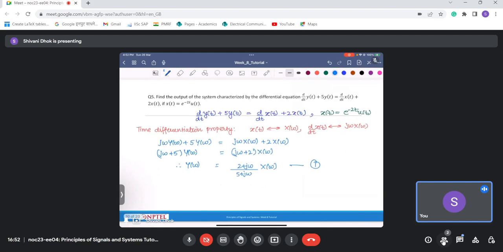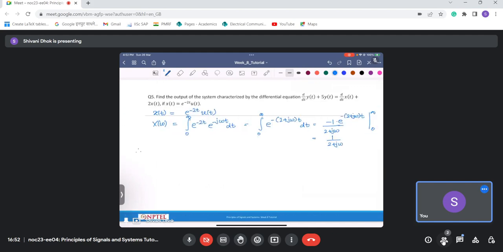Now if I substitute this in equation 1, y of omega is equal to 2 plus j omega upon 5 plus j omega multiplied by x of omega, which is 1 upon 2 plus j omega, which is equal to 1 upon 5 plus j omega.